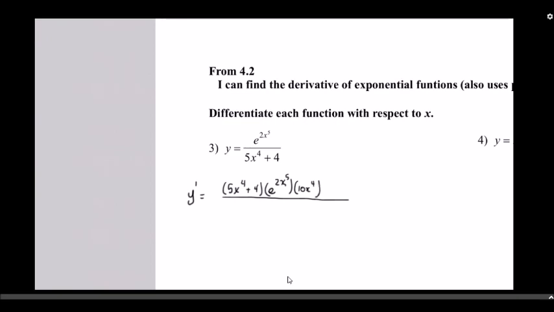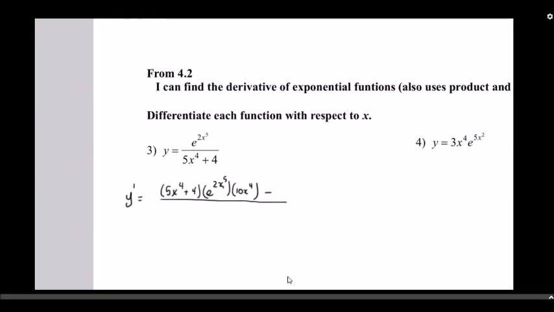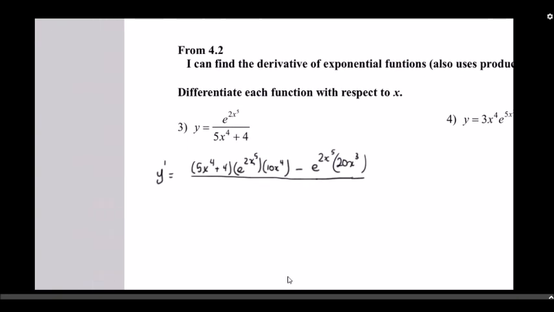So we have, this is low right here, this is d high, so low d high minus high times d low, so that's going to be 20x to the third, all over low squared.